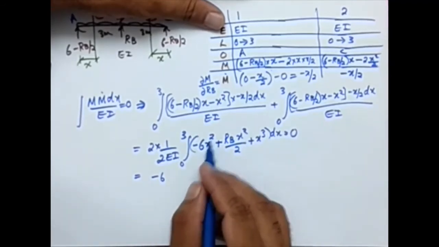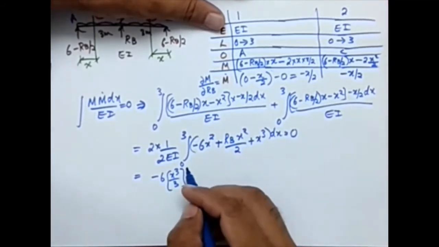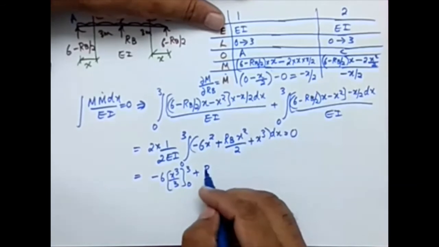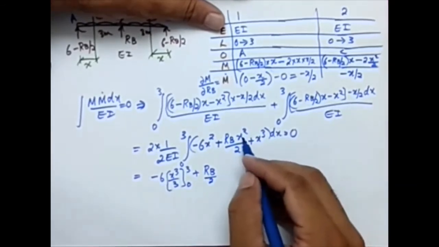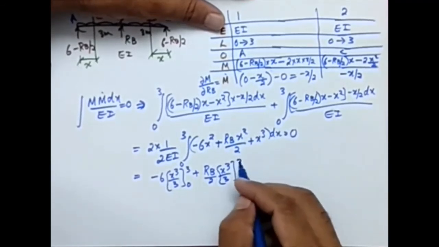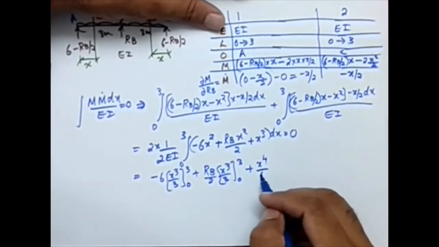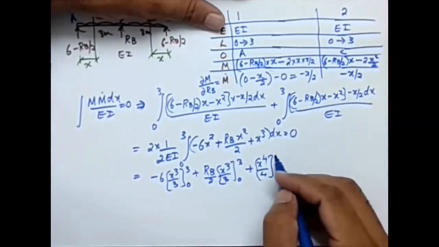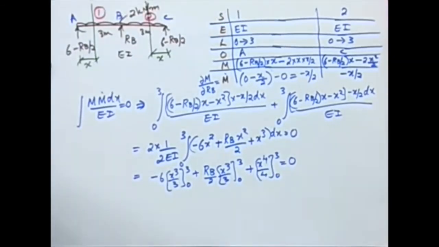When I integrate this, it's going to become x cubed by 3 in the limit 0 to 3, plus Rb x square by 2. Integral x square is x cubed by 3 in the limit 0 to 3, plus x raised to 4 by 4 in the limit 0 to 3, equal to 0. Is that fine? Okay, so that's what we got here.